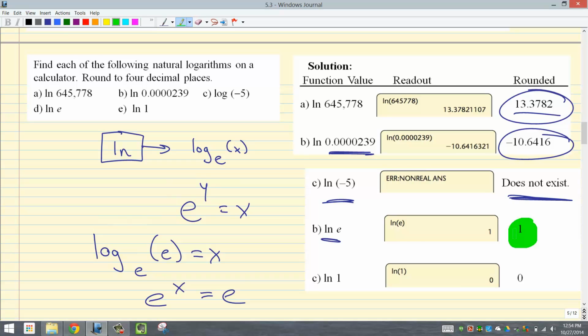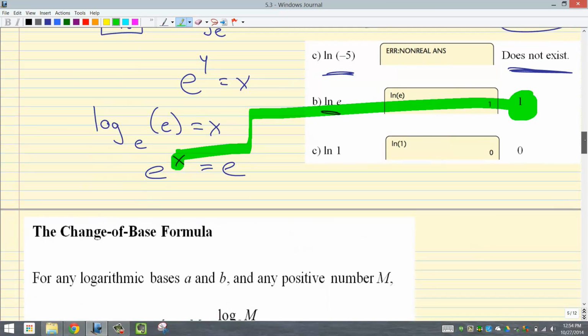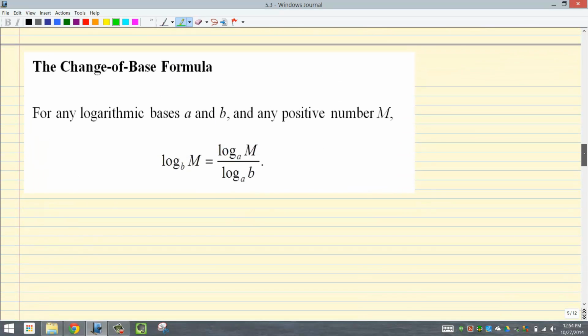E to the first power. And then the same thing's true here. The natural log of 1 is equal to 0. Punch these in on your calculator to get some answers for these. We'll provide it if necessary on the test.